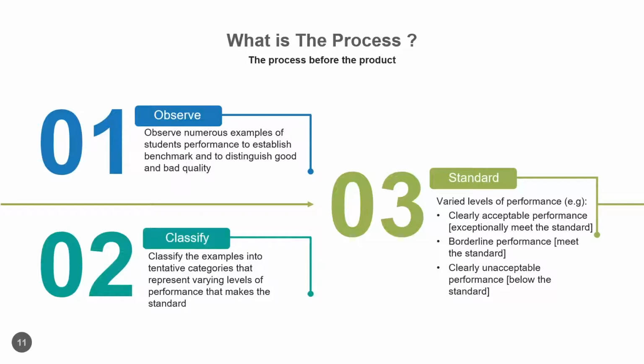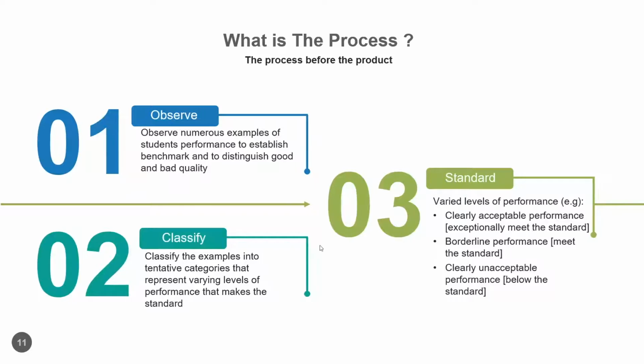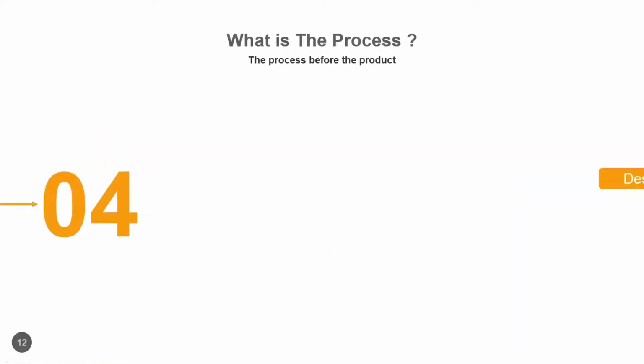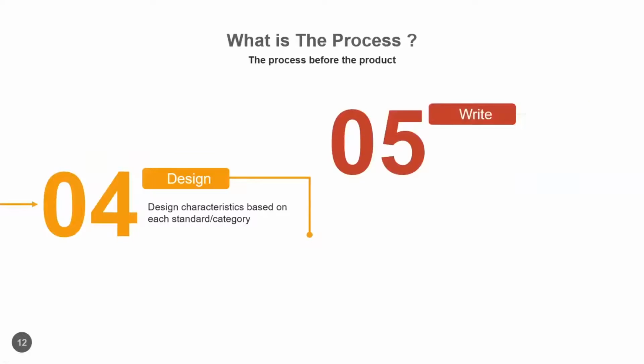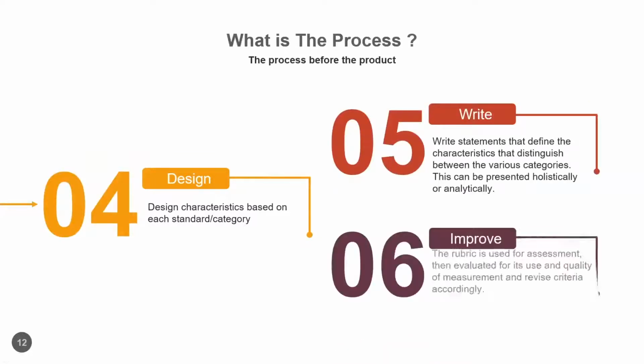Once you've already done the observe, the classify, the standard, next will be to design the rubric. You design the characteristics based on each standard category, and once you've designed the characteristics, the next is to write the statement. You've got to define the characteristics that distinguish between the various categories. Meaning, if they are exceptionally able to do something, what are their behaviors? What is it that they are able to do?